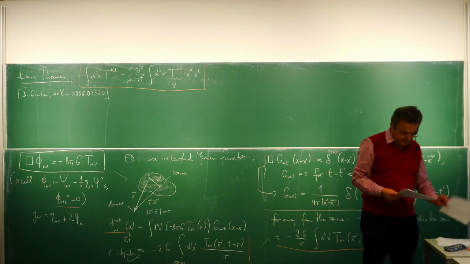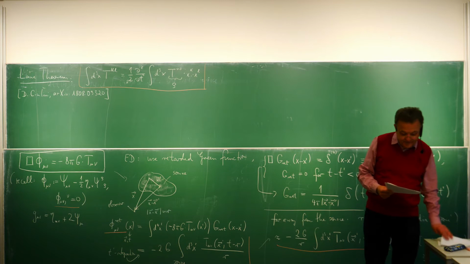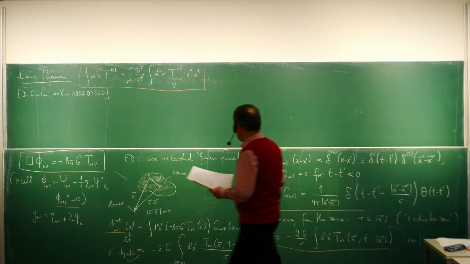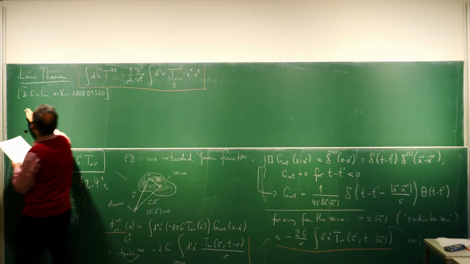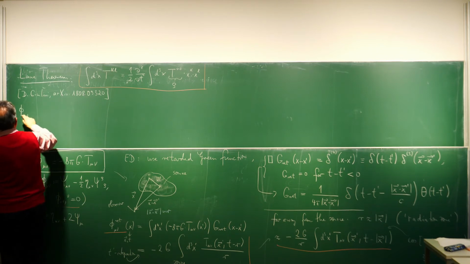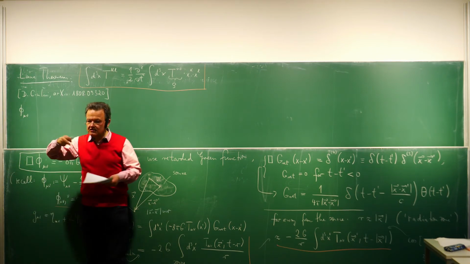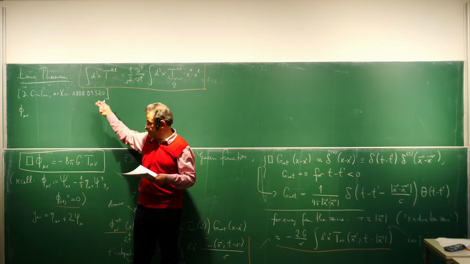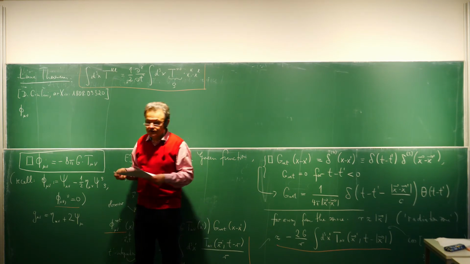So let me use this. Let me write it down again: the phi mu nu, and I will skip the retarded. All the quantities that are written down are for the retarded solutions.